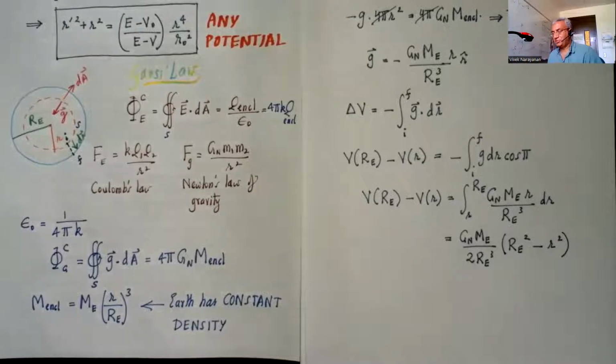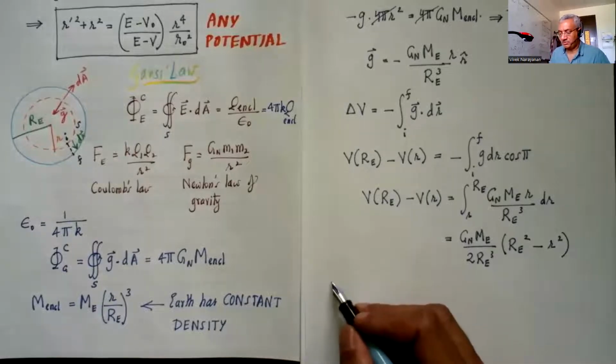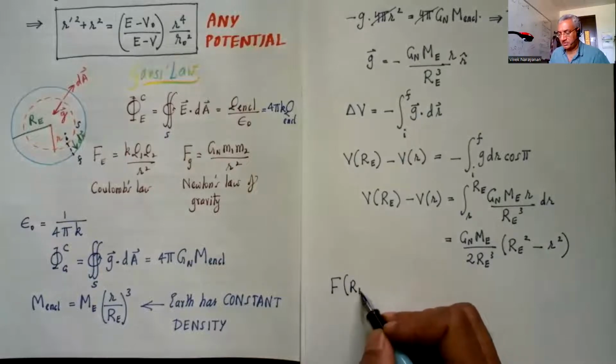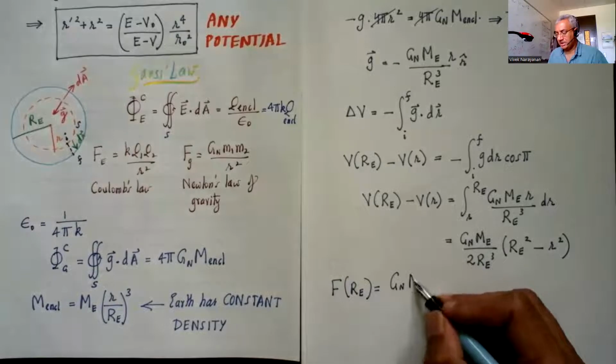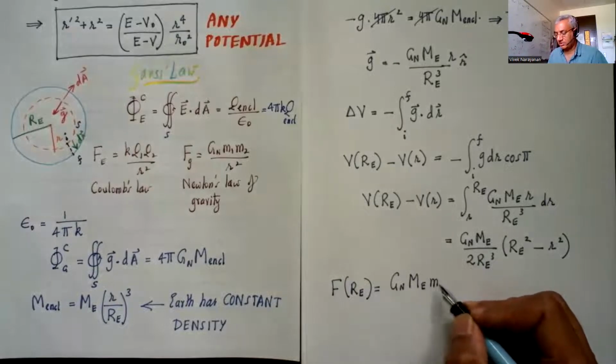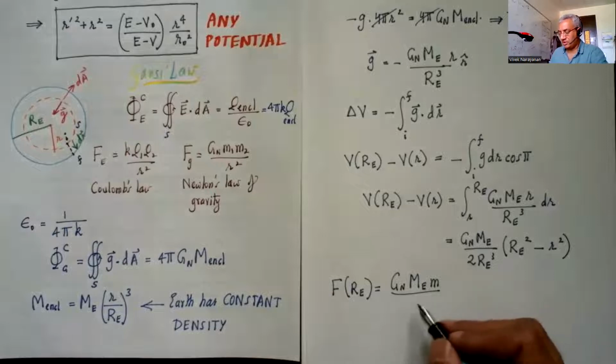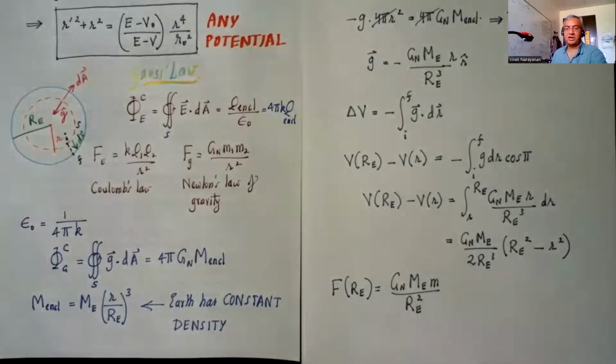Now, the potential, what's the potential at the surface? Now, the force at the surface is going to be G_N M_e times the mass, some other mass. Let's say you're standing there, over R_e squared. So the potential energy is defined, the potential is defined as the work done per unit mass.